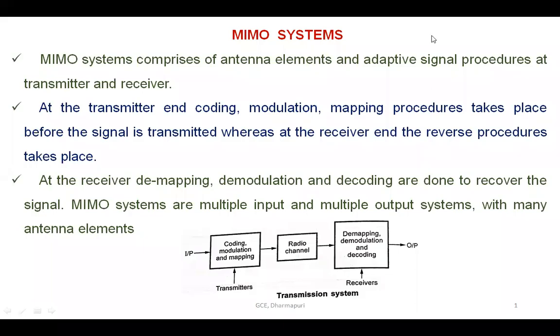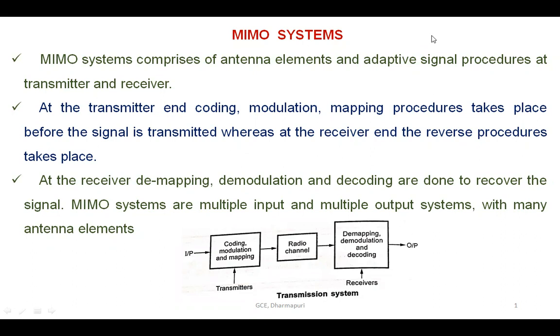And wireless communication, the fifth unit is MIMO. What is MIMO? That is the multi-input, multi-output system. A multi-input, multi-output system comprises antenna elements and adaptive signal procedures at both the transmitter and receiver.